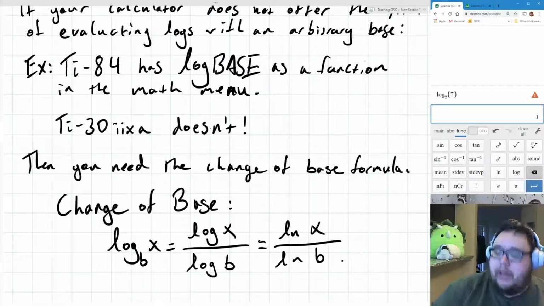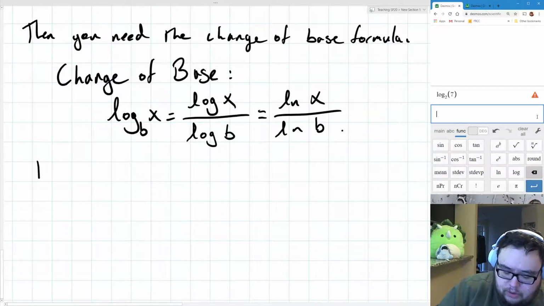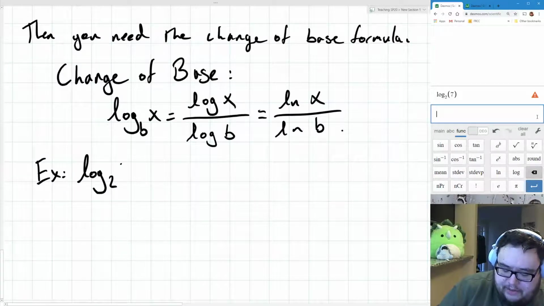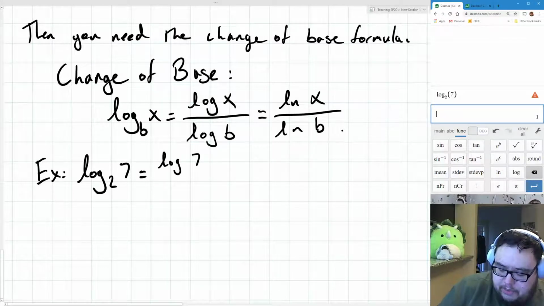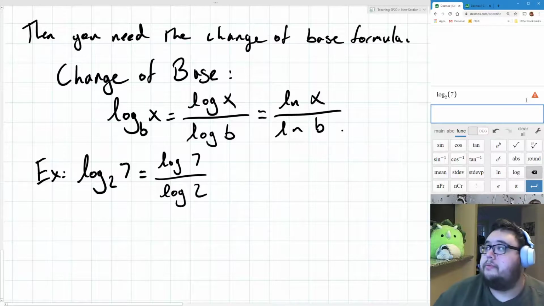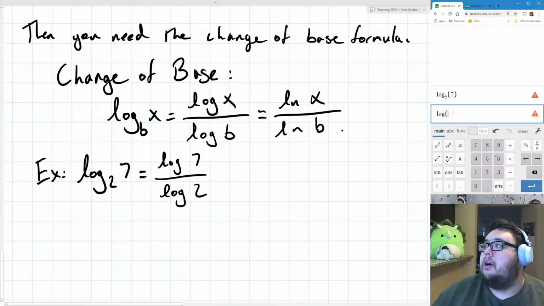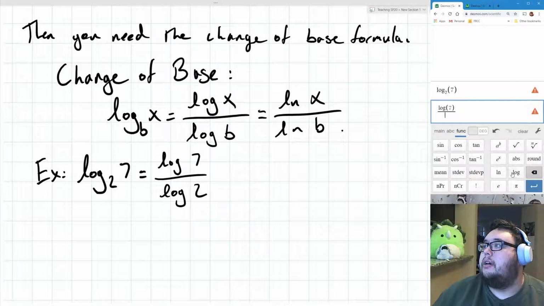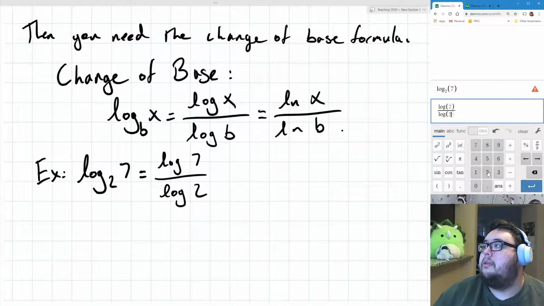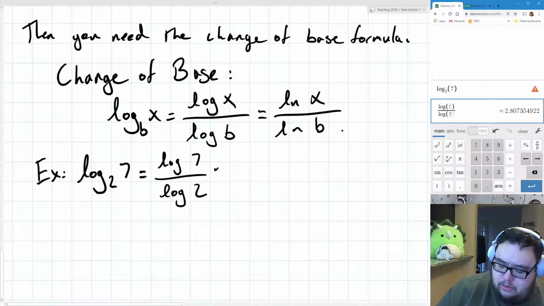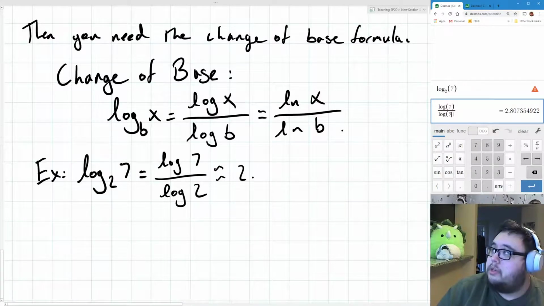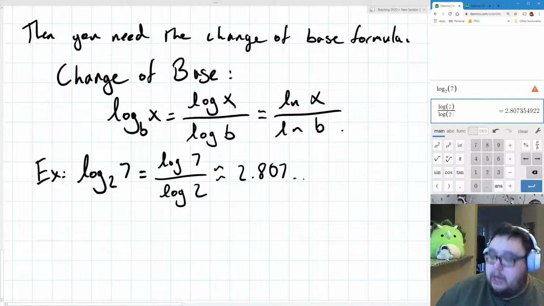So if we want to evaluate, for example, log base 2 of 7, then that would be log of 7 divided by log of 2, which gives us that same 2.807 that we got before.